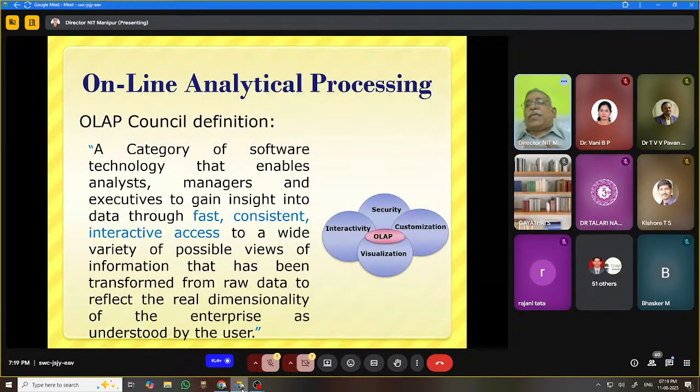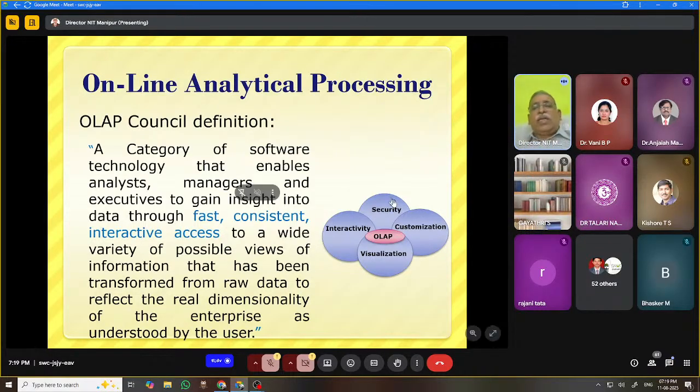This structure integrates all these four parameters to get insight into the data through fast, consistent, and interactive access. If you observe, normal databases don't give interactive access. If you submit a request, they give an answer; if you want more answers, you have to submit more requests. So there is no interaction during the running time.